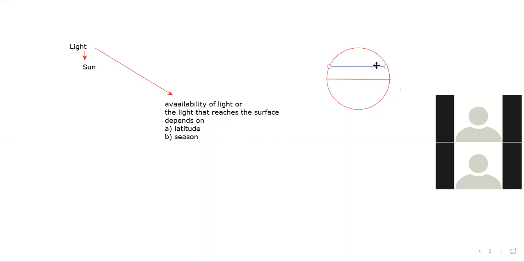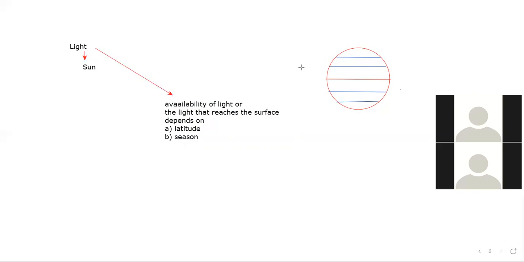This is one latitude, this is another latitude. There can be a number of latitudes.